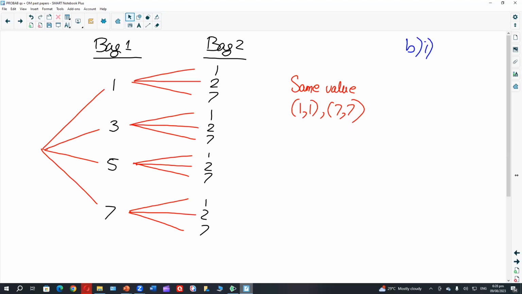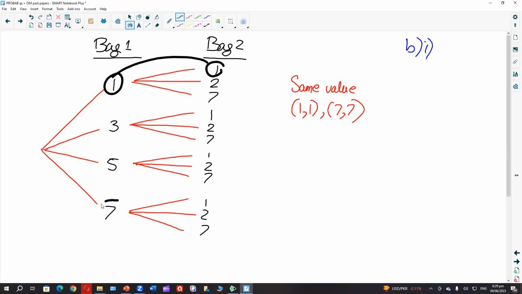So how many pairs are there? You can make a pair from the screen, you can't make a pair here. Like this is 1 and this is 1. Observe, this is 1 pair.